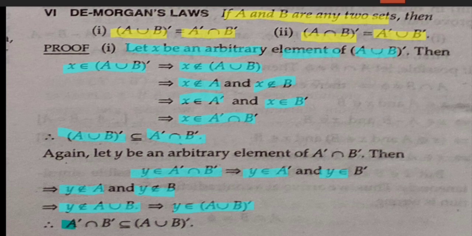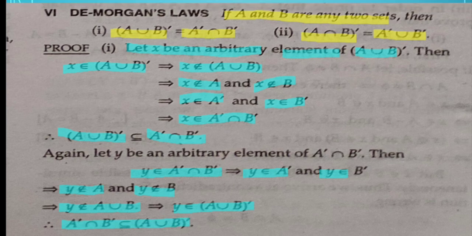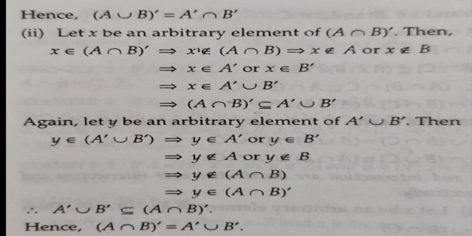Therefore, A dash intersection B dash is a subset of (A union B) dash.